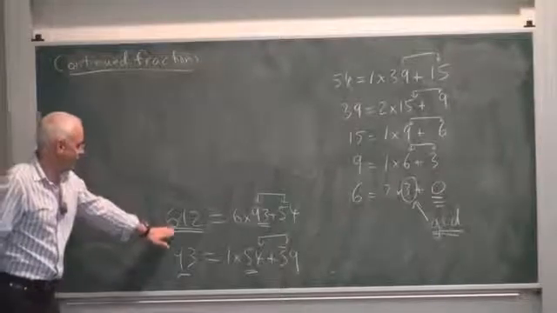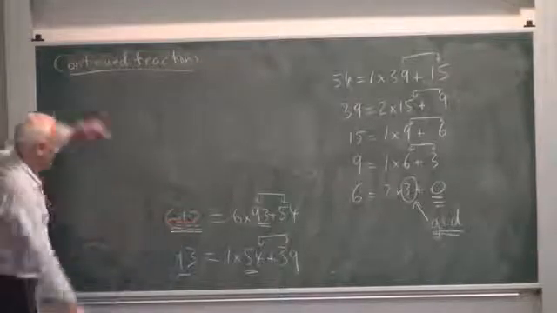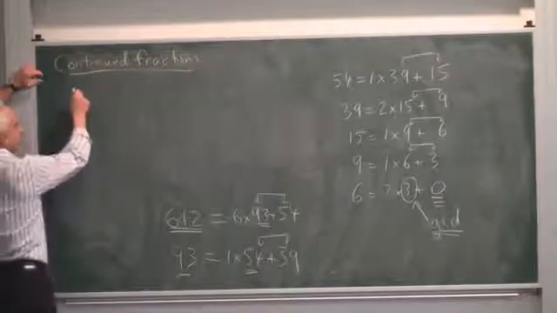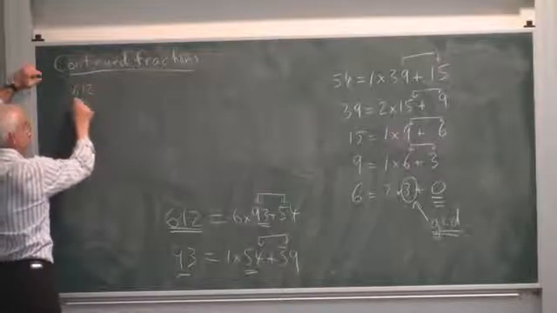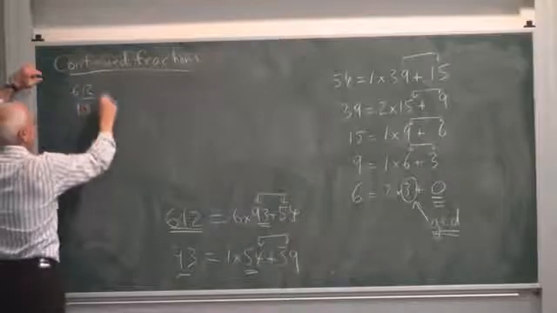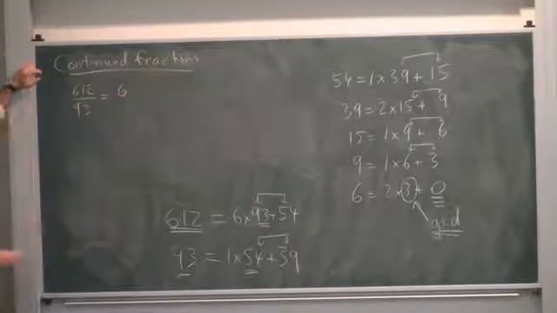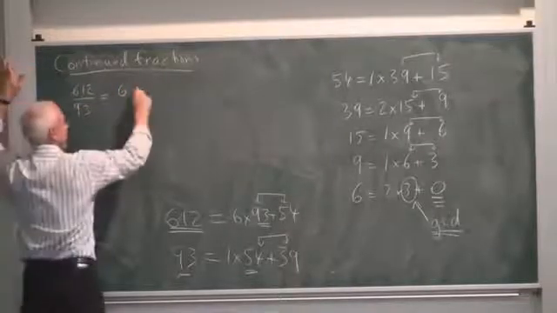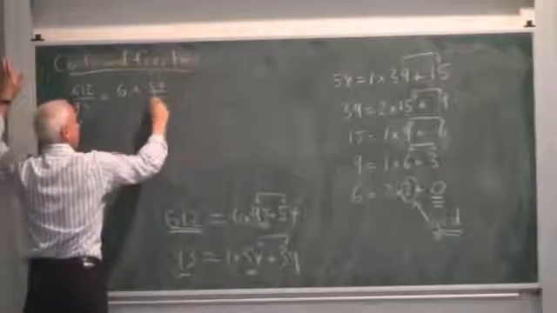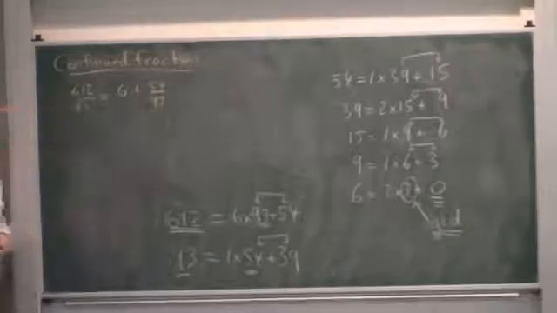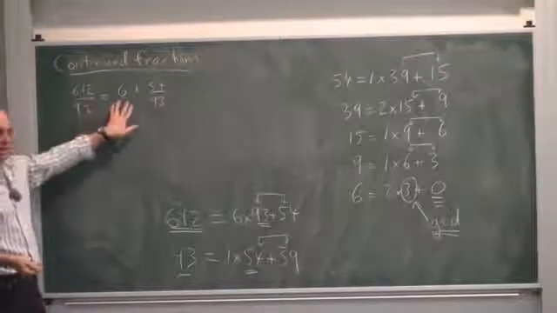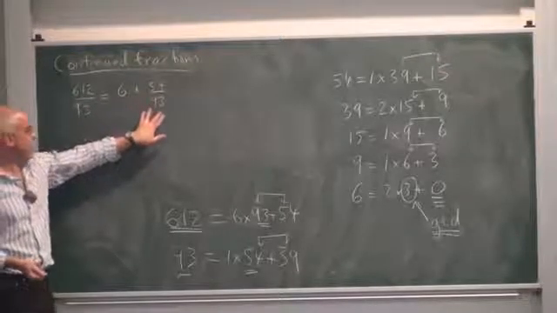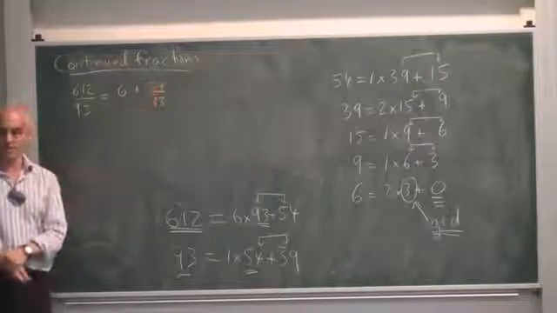Okay, so let's have a look at this. Another way of interpreting what we're doing is to say that 612 divided by 93 is actually 6 plus a remainder of 54, so 54 over 93. That's another way of saying this divided by this: that's the quotient, and that's the remainder. The remainder is less than 1.